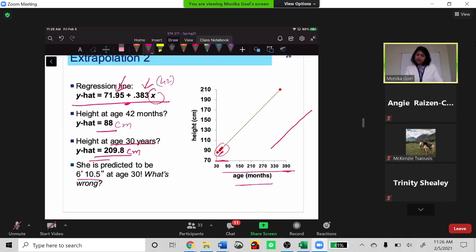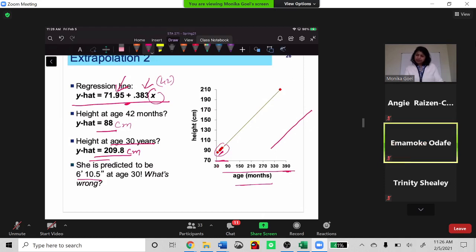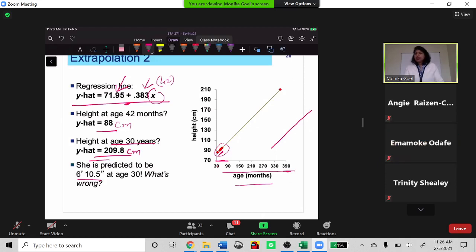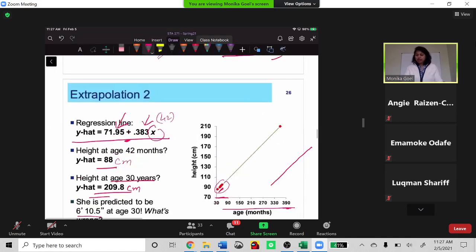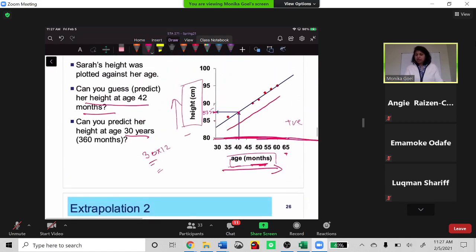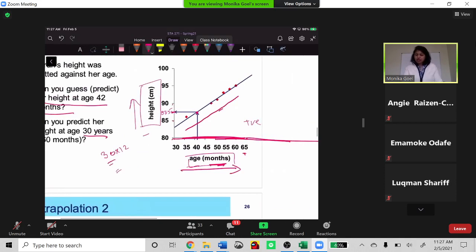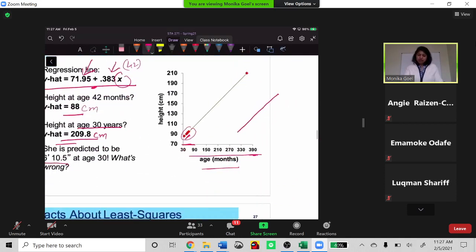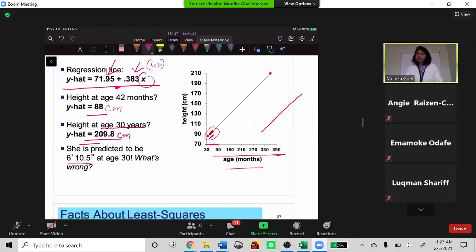Why no? Why yes? So think about that. The way this chart is going, if I keep on going, then the predicted height will be 209.8 centimeters, which is 6 feet 10.5 inches.